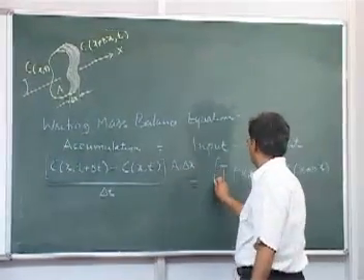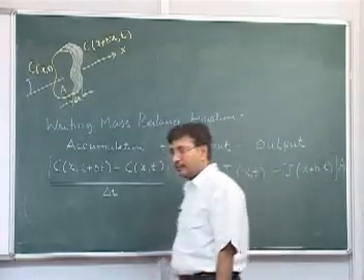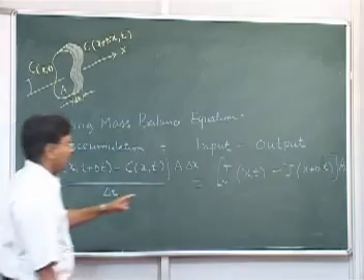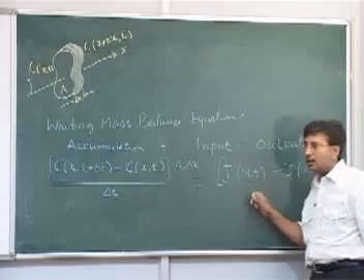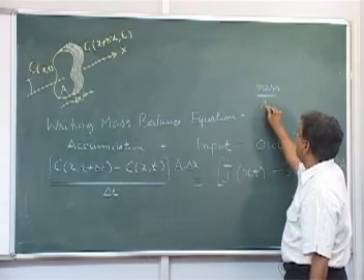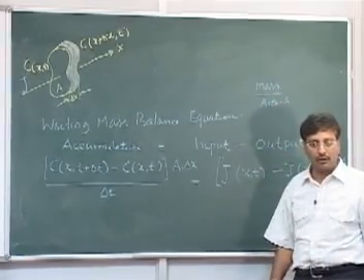Let's do it once again. What are the units of J? Mass per area per second.